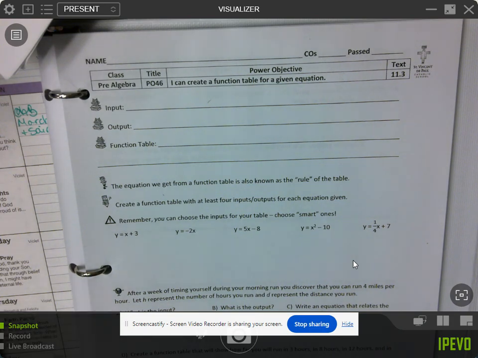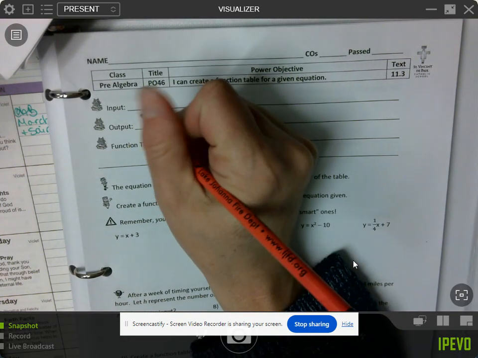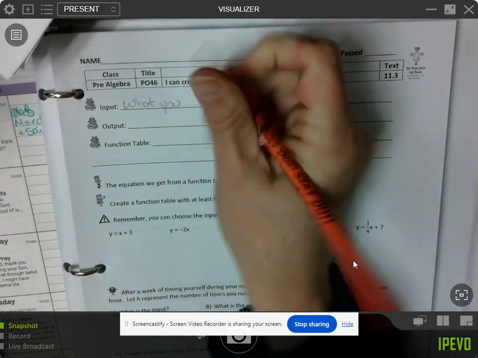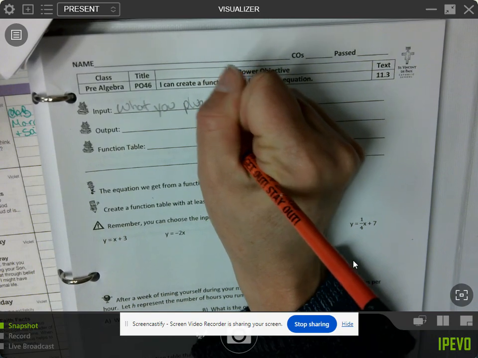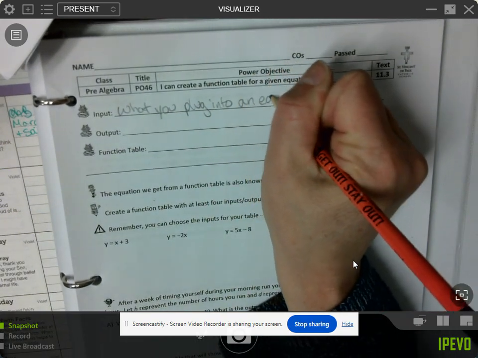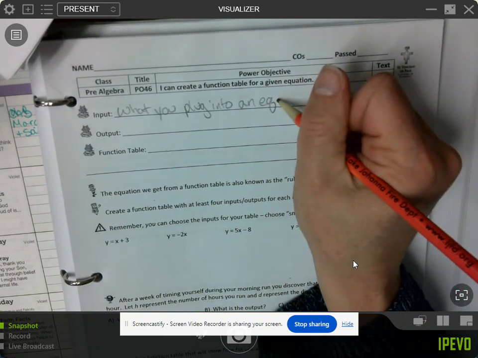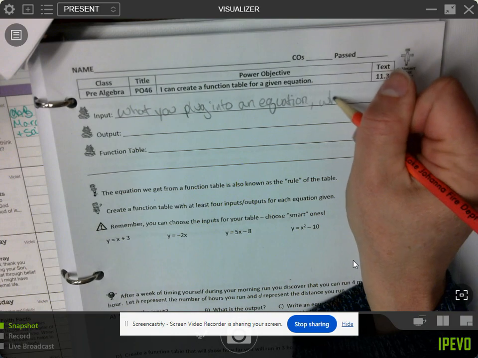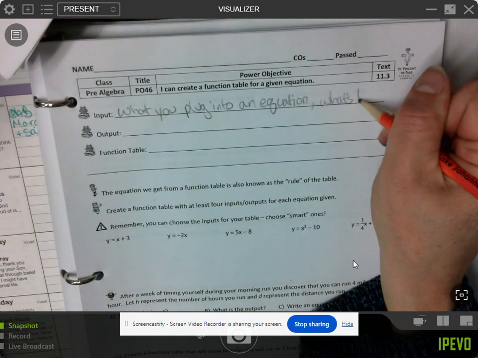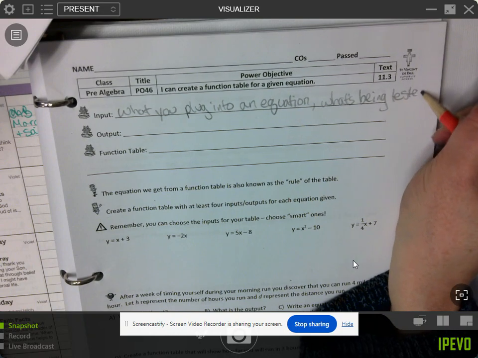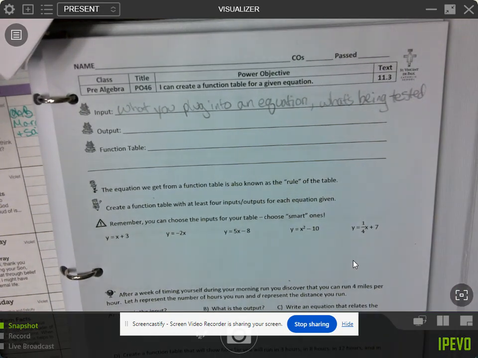So the input is what you plug into an equation. Another way of wording it is what's being tested. So it's what we're putting into that equation.